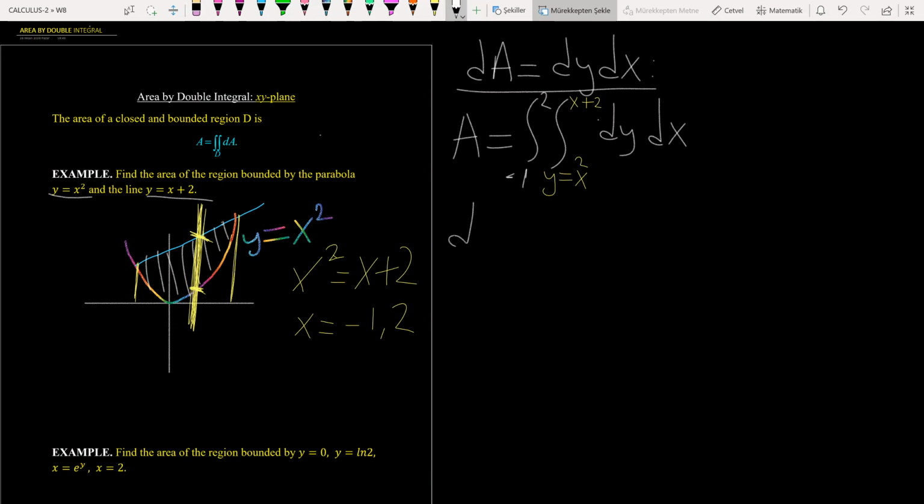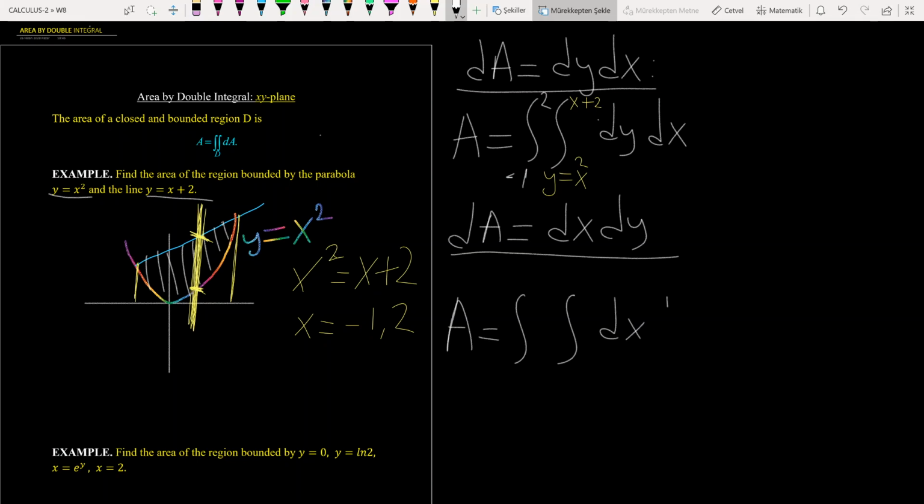If you choose dA as dx dy instead of dy dx, if you change the order of integration, then the area formula becomes double integral dx dy. Now let's check the region again.